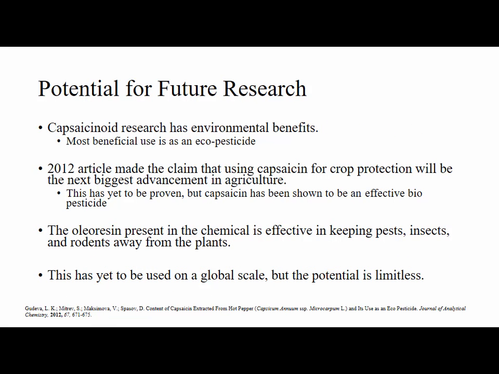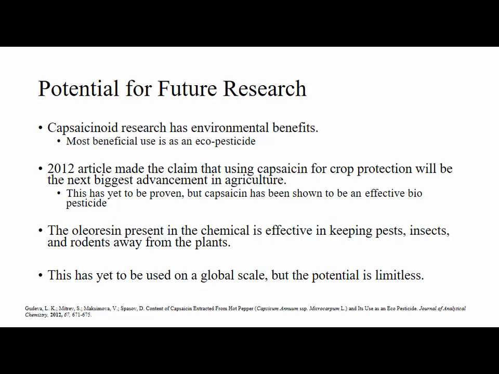Next, looking at some of the environmental benefits, its most beneficial use is as an ecopesticide. And thinking back to the very first slide, relating the oleoresin in the capsicum genus as an effective pesticide or antifungal, it also is very useful in keeping pests away.